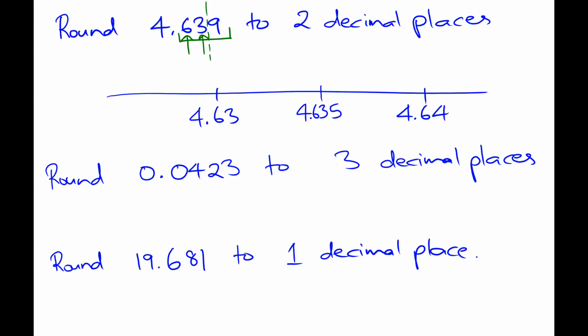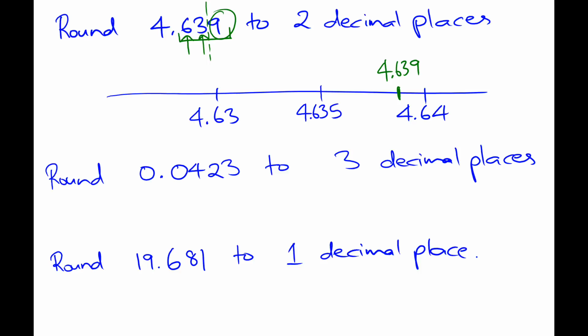What we need to do is look at that third decimal place. That one there, that's a 9. If we're just looking at the number line, 4.639 is actually about here. So that's 4.639 if we put these numbers on a number line.